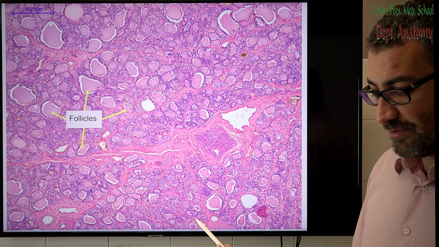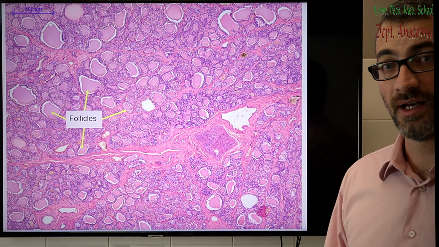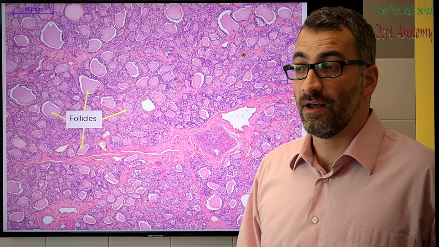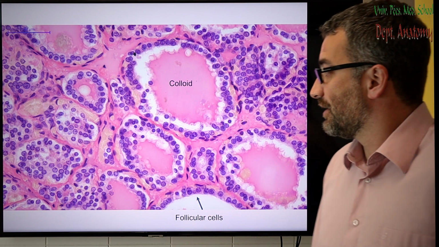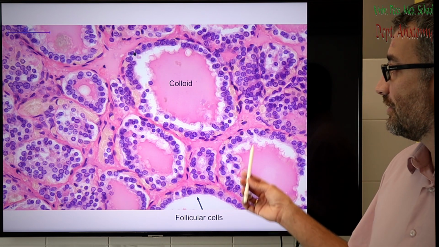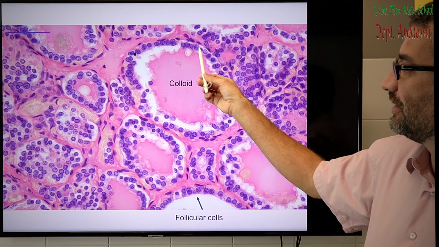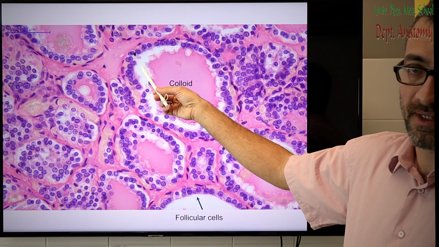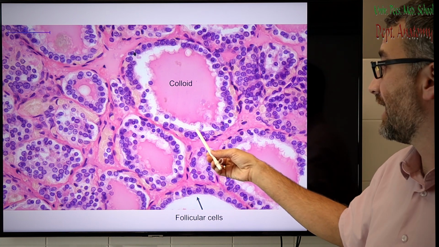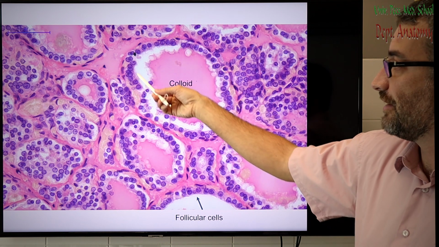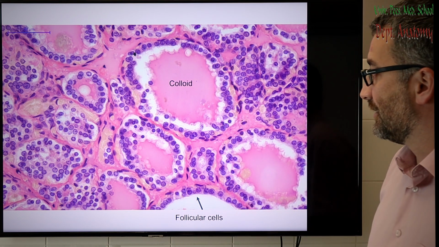These look a little bit similar to what we have seen in the hypophysis, in the pars intermedia of the anterior pituitary. With the bigger magnification, we can see that the follicle itself is lined by a simple cuboidal epithelium, which we call the follicular cells. These are the endocrine cells of the thyroid gland. These are the cells responsible for hormone production.